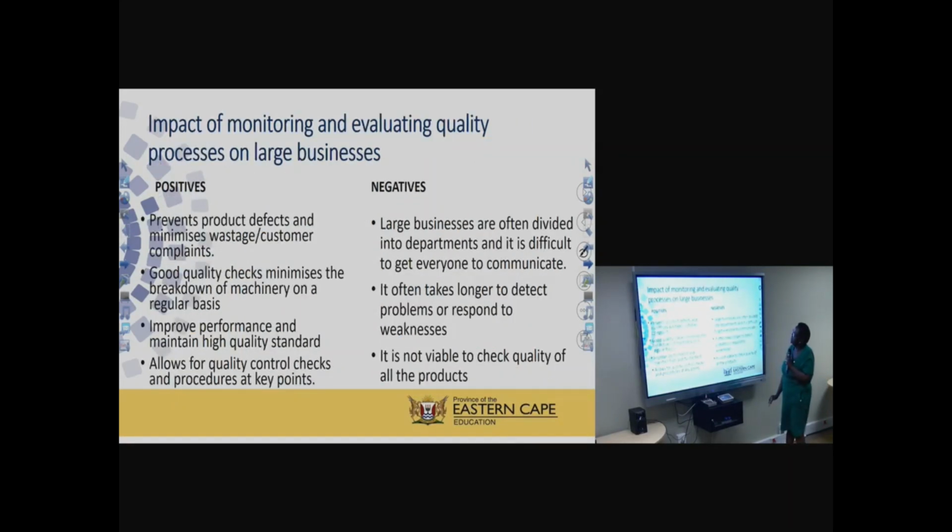The last one, the impact of monitoring and evaluation processes, evaluating quality processes on large businesses. Monitoring is when you are checking whether everything is going according to what you have planned. That one brings positives because it will minimize wastage. There will be no customer complaints.